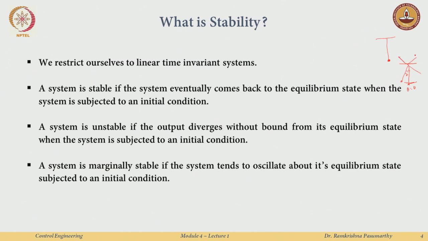Now, what is the definition of unstable? A system is unstable if the output diverges without bound from its equilibrium state when the system is subject to an initial condition. So, let us do the reverse of the pendulum. So, I have this guy, this is my pendulum, not a very good drawing, but as long as it is in the upward position, it will always remain in the upward position.